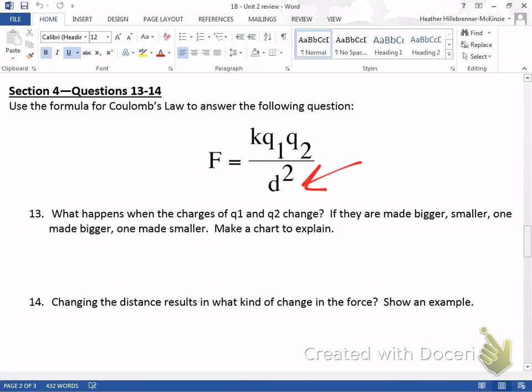If I increase this number, what's going to happen to my force? Decrease, right? And all you have to understand from this is basic math, numerator, denominator, how changing one of those affects the other. Okay? Are y'all okay on that?